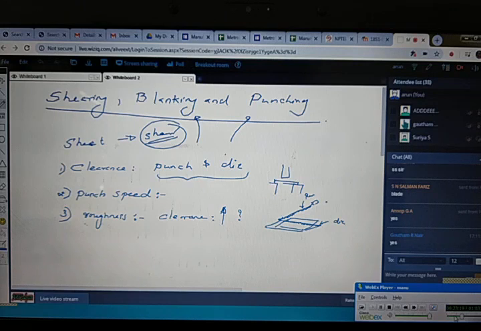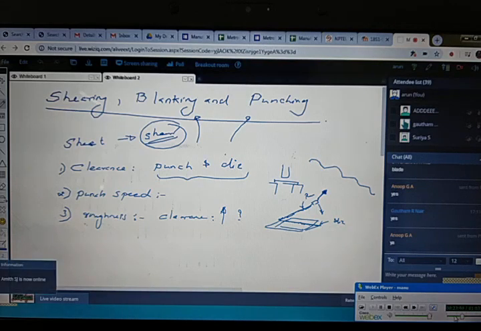Now I am going to move this punch towards the die and give the cutting force. The cutting operation will take place, but the surface will be somewhat blurred, isn't it? You will not get the proper surface finish there. That is because of the more clearance between the punch and die, which produces an irregular surface on the paper sheet.